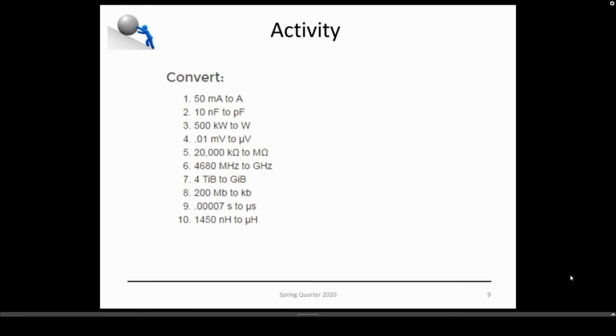So let's do the first one, where you have your 50 milliamps. I can write this differently. I know that milli is times 10 to the minus 3, and then my units are amps. This is what I want to go to. Minus 3 means that I'm going to have 3 decimal places.